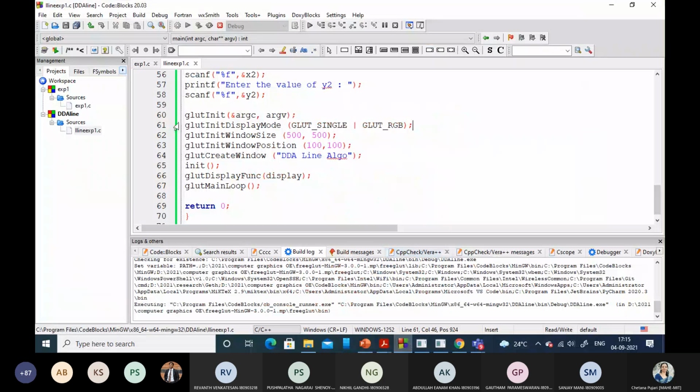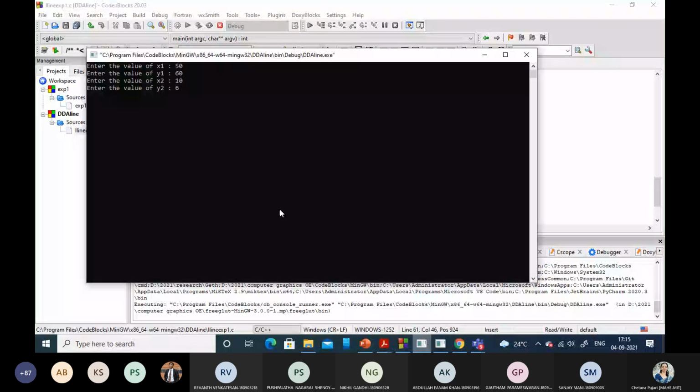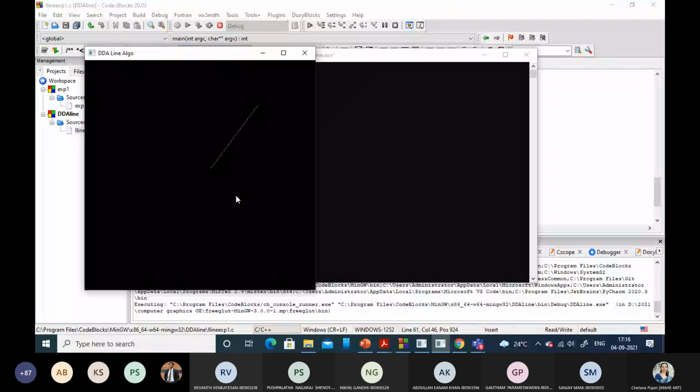This is a line drawing algorithm wherein we are considering 2 points, X1, Y1 and X2, Y2. Here X1, Y1 values are 50 and 60, and X2, Y2 values are 10 and 6. If you are using the DDA line drawing algorithm, this is how your line will look. You can see it's not a smooth line. It's drawn in a zigzag way, not exactly straight.